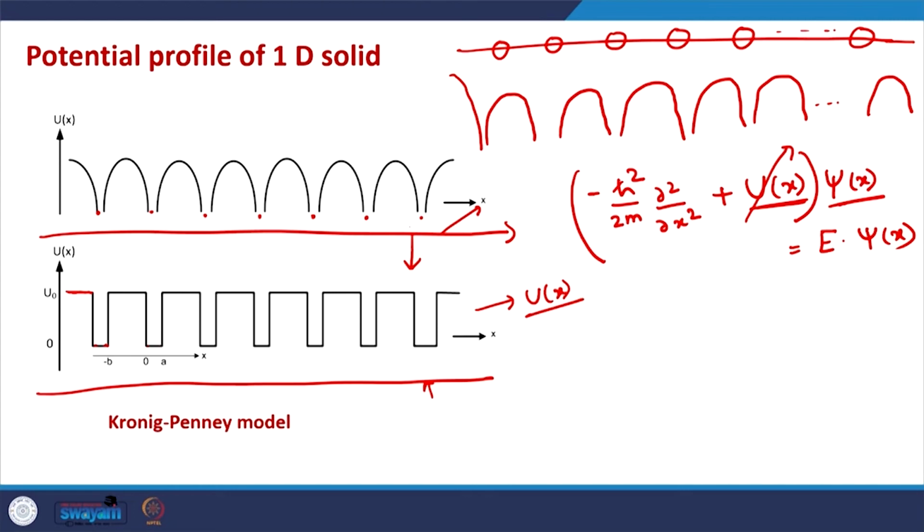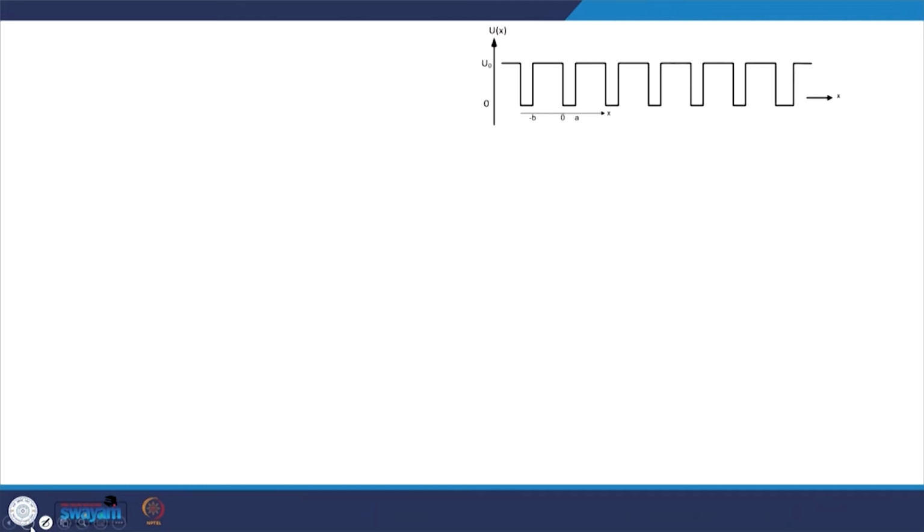So, this is what we will do in order to understand the behavior of electrons in solids. We will solve the Schrodinger equation for the potential profile given in the Kronig-Penny model. Okay. So, that is going to be our next task.